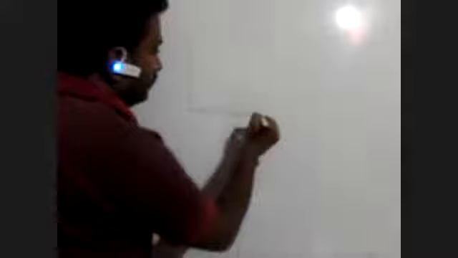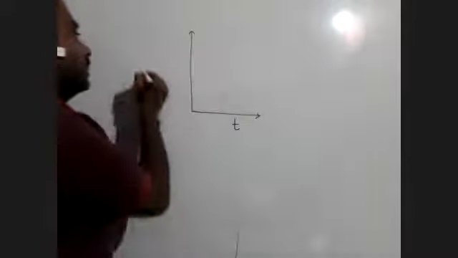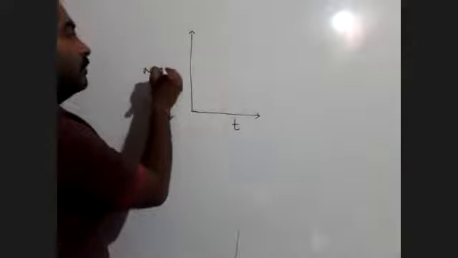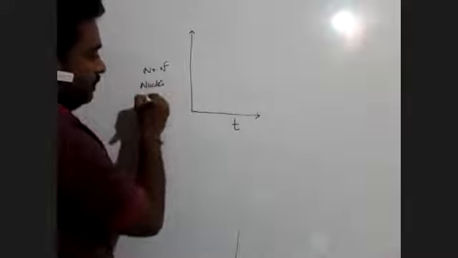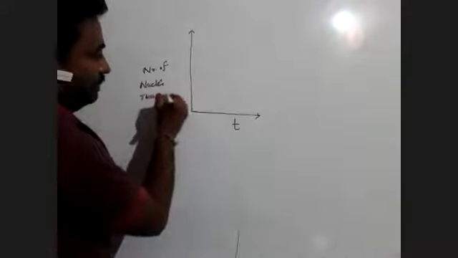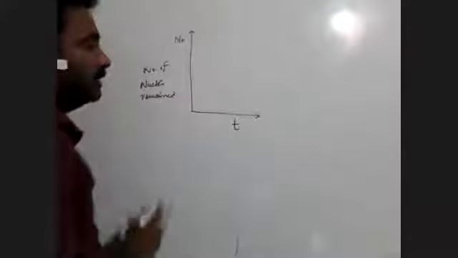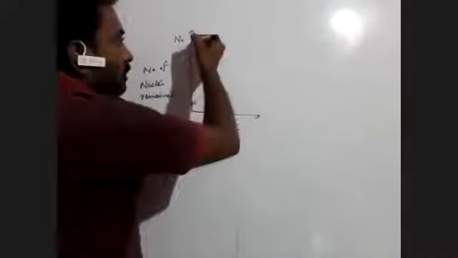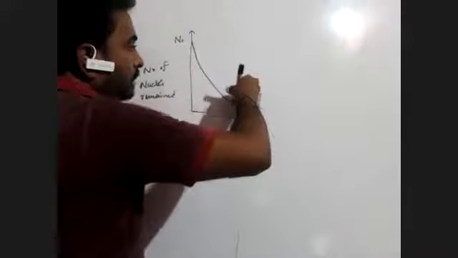If you see the graph, taking time on the x-axis and the number of nuclei remaining in the sample on the y-axis, starting from the original number of nuclei, as time goes on the number of nuclei decays like this.